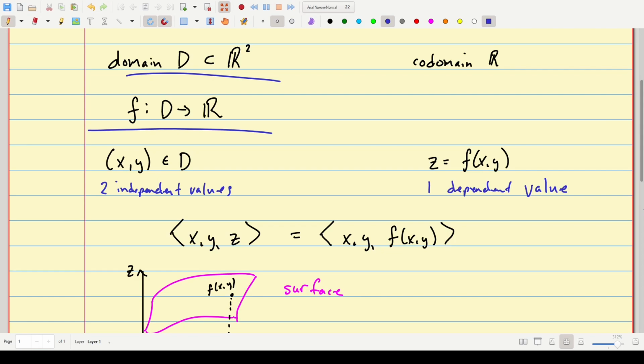The surface is 2D, but in order to be able to display all of the information about that surface, I need 3 dimensions to describe it, because 2 plus 1 equals 3. I need 2 dimensions to represent the domain. I need a 3rd dimension to represent the codomain. Make sense? Okay.